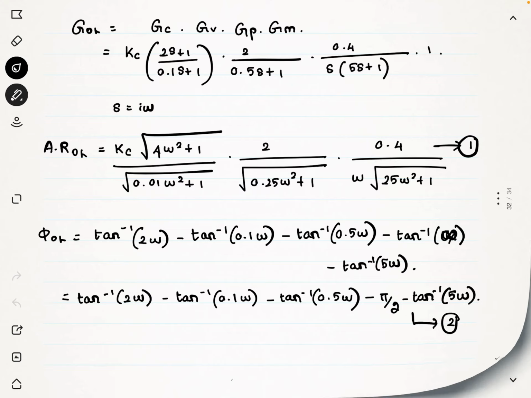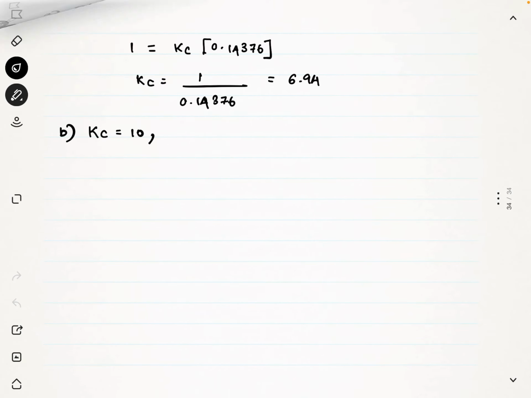So if I draw a flowchart, we have the equation for the phase angle of the open loop. We substitute minus 180 degrees or pi radian, and we end up getting the phase crossover frequency.